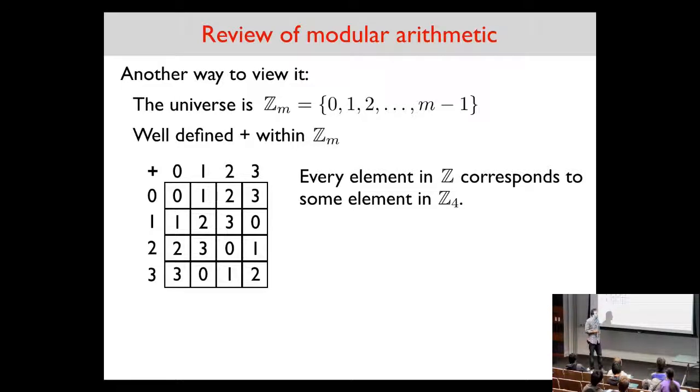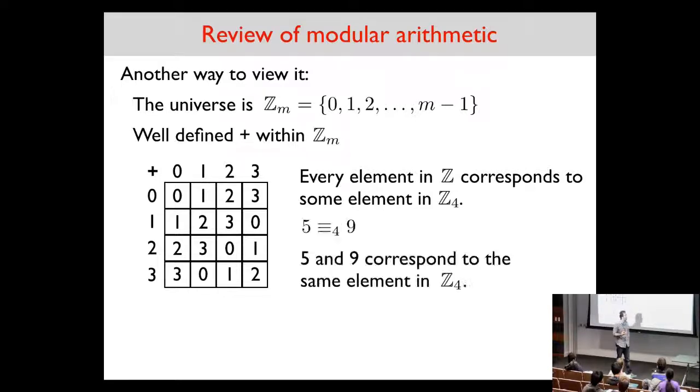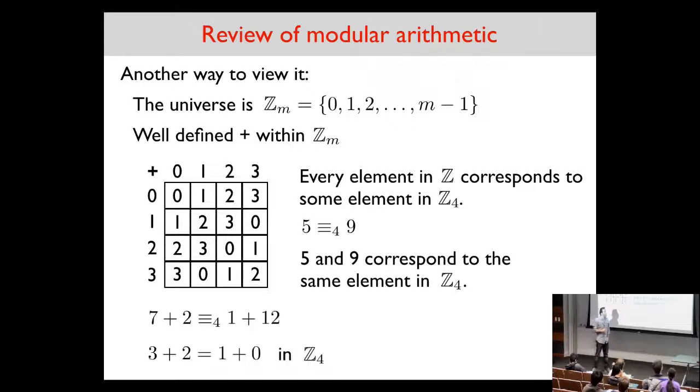And then you can say, all right, so every element in the integers now really corresponds to some element, in this case in Z4. We're working in Z4. So when we write 5 is mod 4 equivalent to 9, what we're saying is really 5 and 9 correspond to the same element in Z4, in this universe.